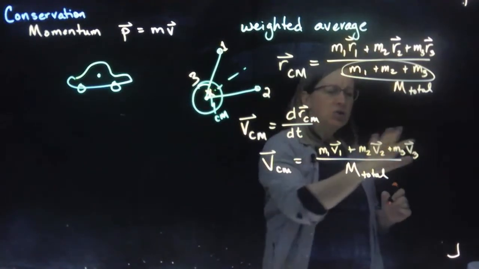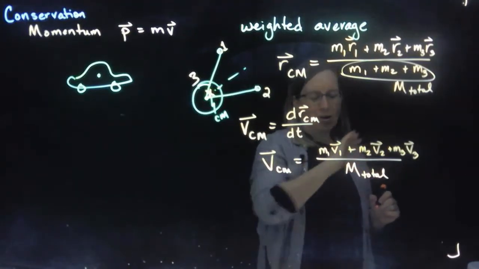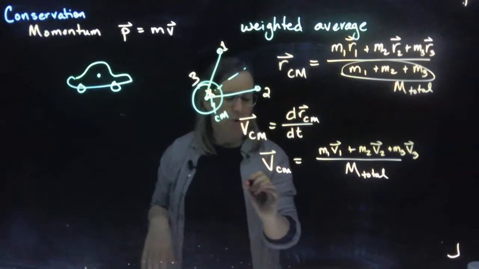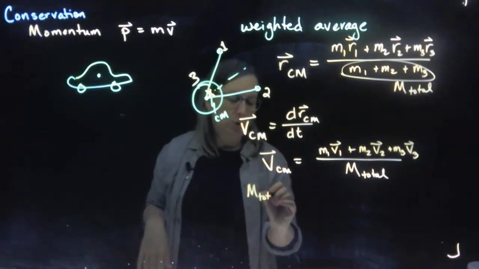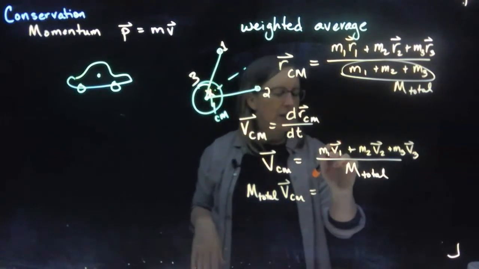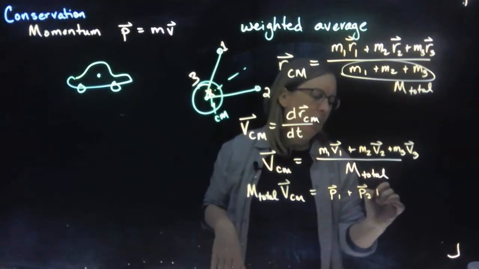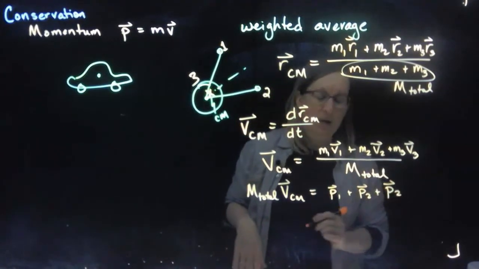And now this is starting to look, I think, a little familiar, this M1, M1V1, all of those things. If I multiply this M over here, I get M total times V center of mass. If we look at this, this is the momentum of 1 plus the momentum of 2 plus the momentum of 3, okay?